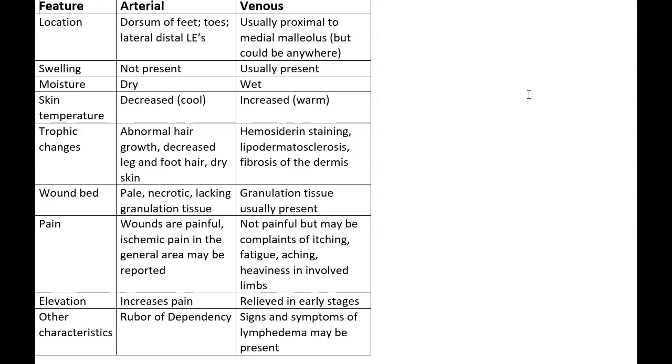The system backs up, and if it backs up, it's going to collect somewhere. And where's the most likely place for it to collect? In the periphery, further away from the heart. And of course, we stand upright most of the time, so it's going to be lower extremities primarily. Okay? Good.